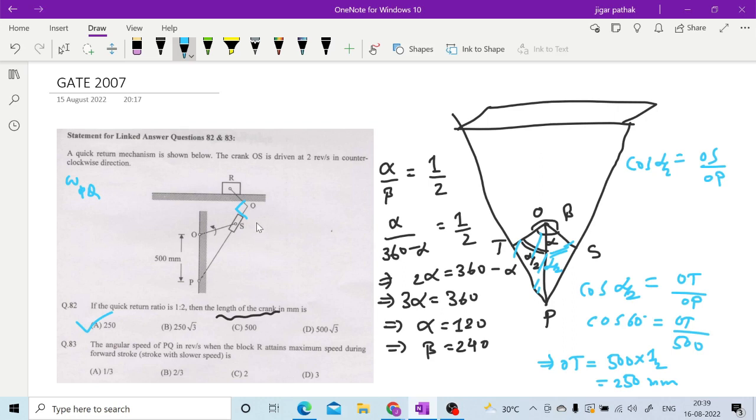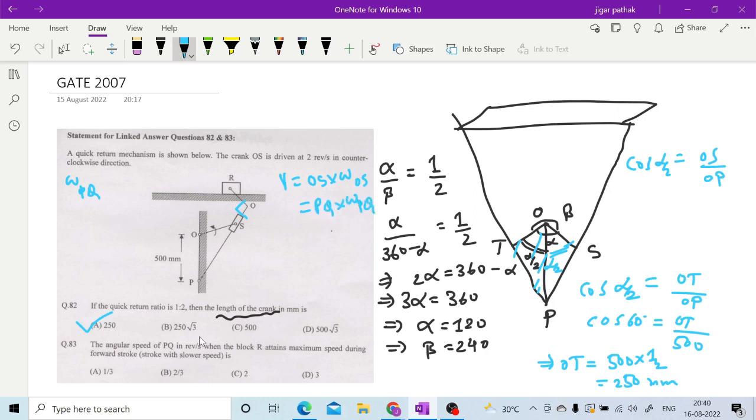In that case, your linear velocity will be the same. Linear velocity is nothing but this distance into omega. So OS into omega OS will be equal to this particular distance PQ into omega PQ.